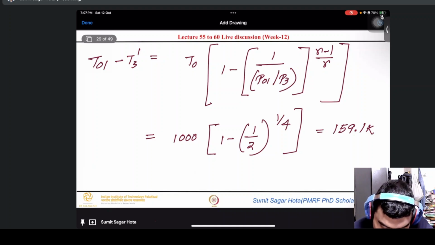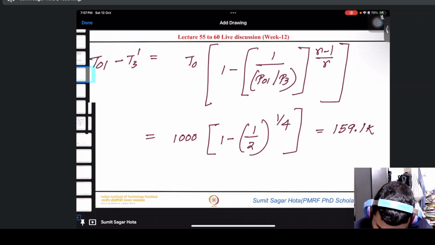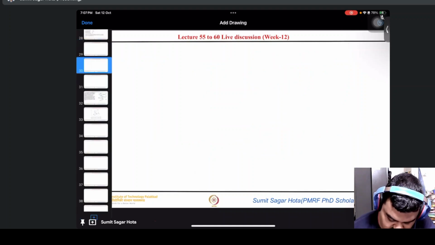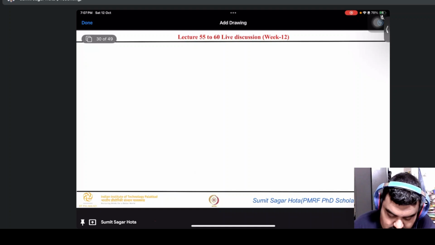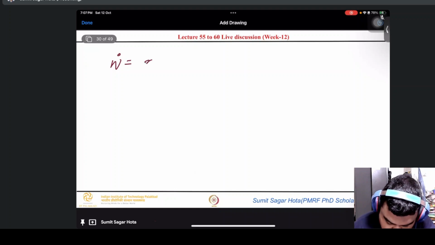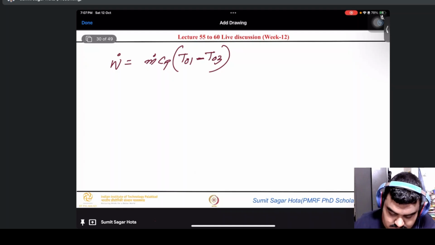So what I want then, we'll find out the work W. Okay, W dot equal to m dot Cp delta T, T01 minus T03. So from here we can find out T01 minus T03.